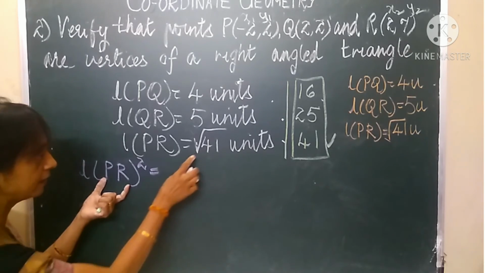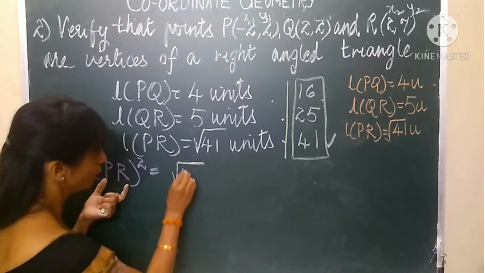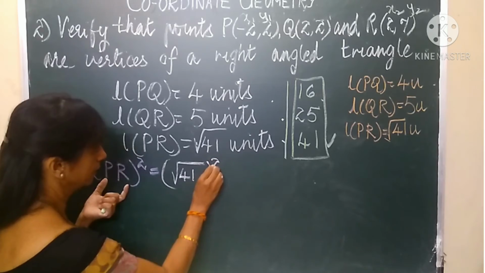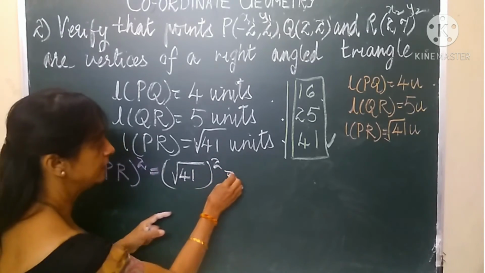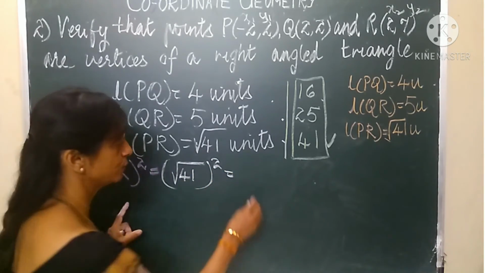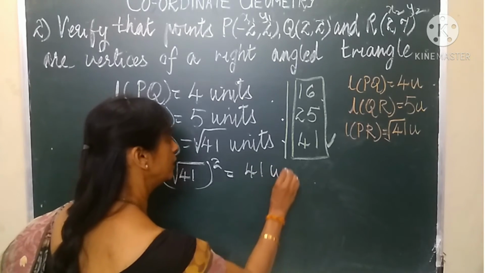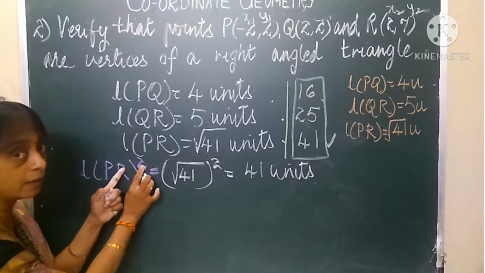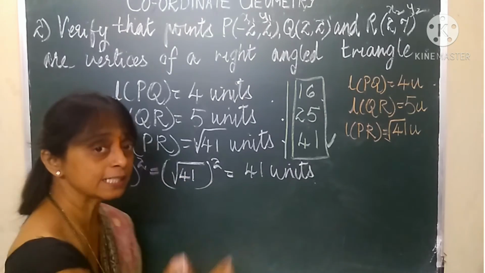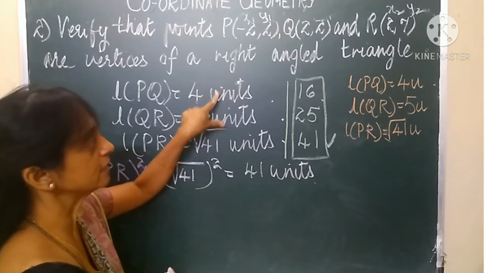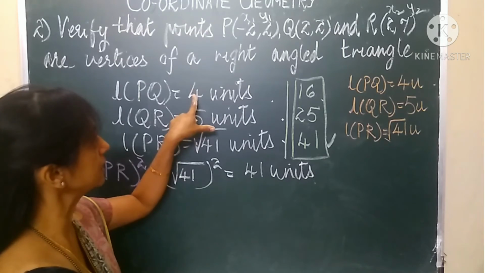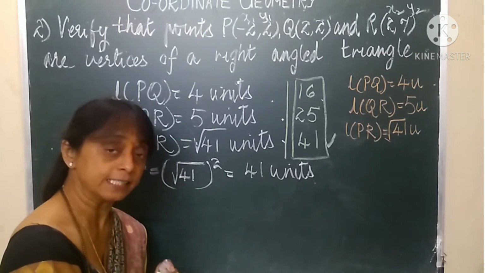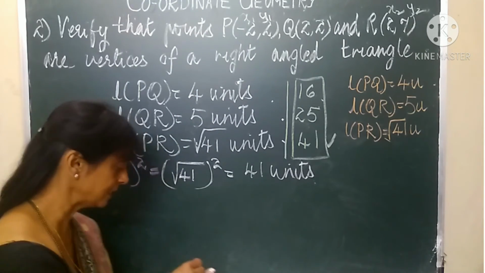What is length PR? Let's substitute root 41. The whole square is root 41 into root 41, that is 41 units. That means the square of the largest answer we got is 41 units. Let's take the smaller two numbers now, that is 4 and 5.